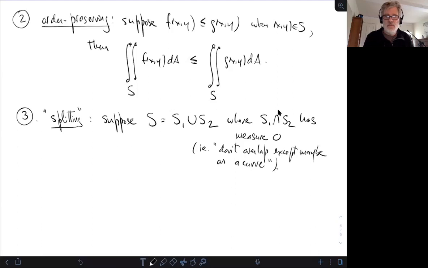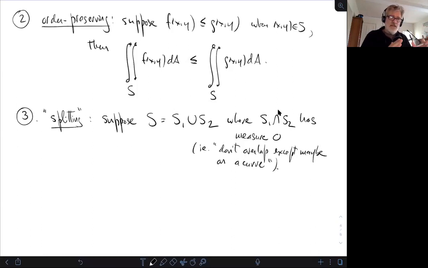Okay, this is to be taken with a grain of salt, but to give you the image, so you can split S into two pieces. They might have like a boundary, but they can't have a common part which has actually area. Okay, so you're not allowing this.